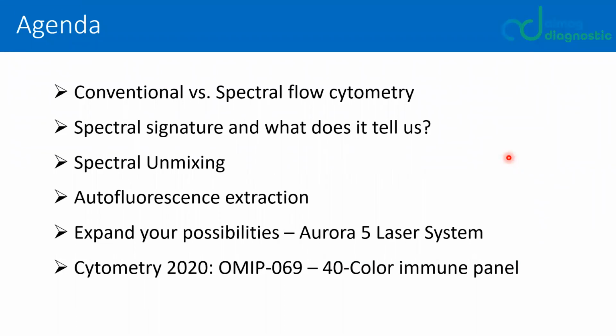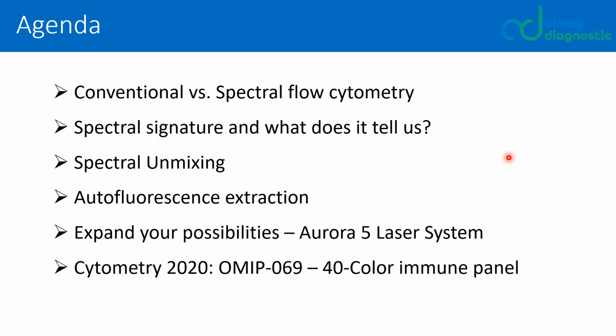First, let's go over the agenda for today's talk. We are going to discuss the differences between conventional and spectral flow cytometry. We will show you the spectral signature, how it is created, and what it tells us. We will explain spectral unmixing and compare it to conventional compensation.